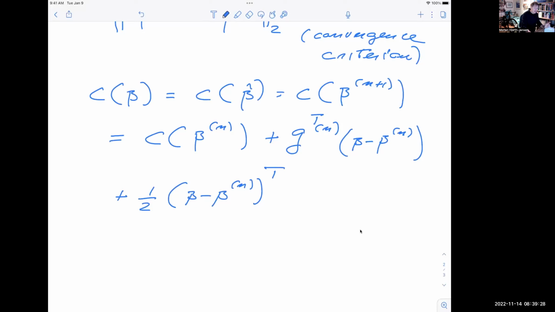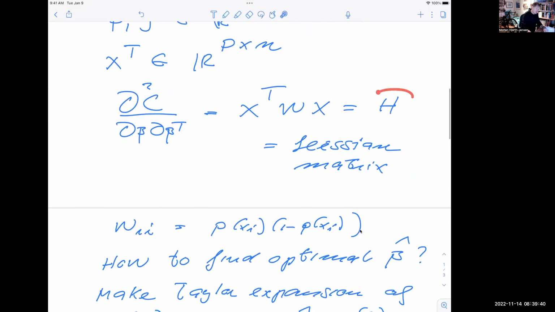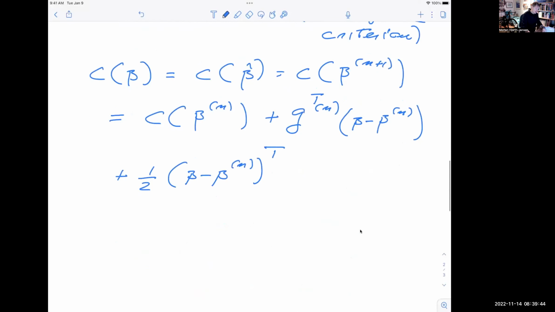And then we have the second derivative of the cost function. The first derivative is just the gradient, which we have plugged in here. But the second derivative is this so-called Hessian matrix, which I'm just going to label H. So we're going to have a matrix H, and this is again multiplied with beta minus beta of n. And then we have the higher order terms.